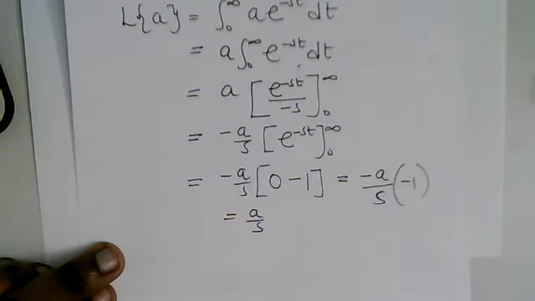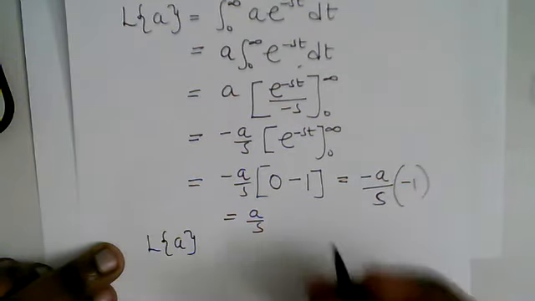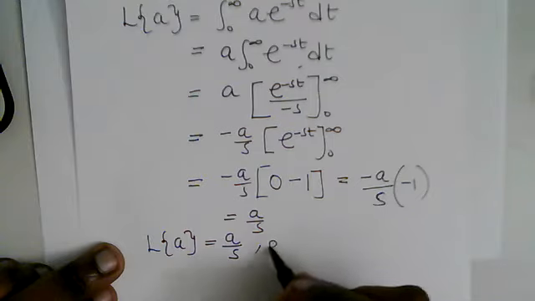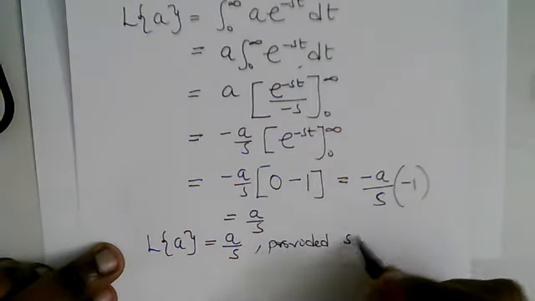So what this actually means is that the Laplace of a, where a is a constant, is actually a over s. Now, I want to put this condition, provided s is greater than 0.